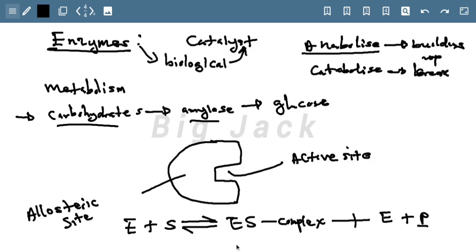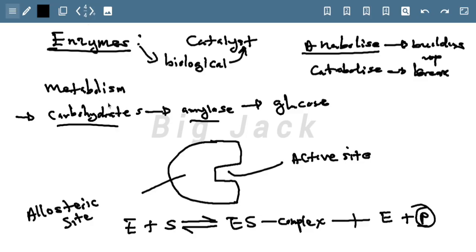So in this case, the substrate is being broken down to form the product. As you can see here, this is catabolism because we are breaking down. Then we can also bring back this product into substrate by anabolism. That is one thing that you need to know.